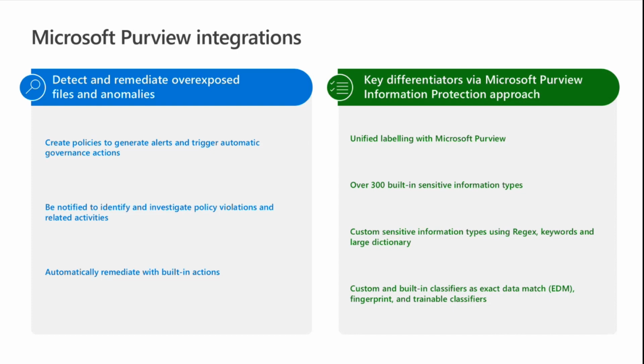If you work with Purview, you can create your own custom sensitive information type, if there is a pattern that can be matched to what you're trying to target. You can create policies to generate alerts using either pre-provided templates that we will see when we go to the portal, or you can create your own custom policy from scratch.